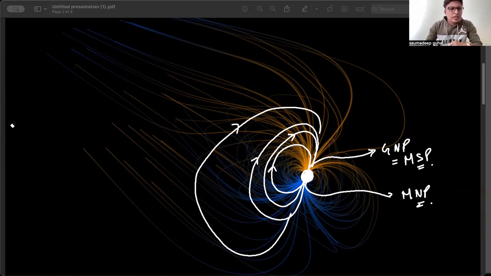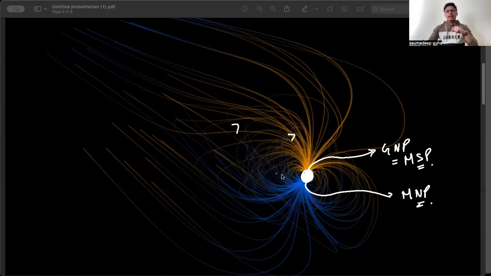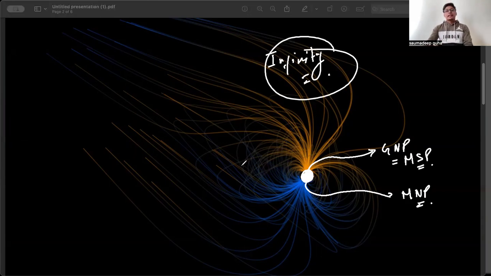Now you must have a question: until when will these field lines continue? The very specific answer to this question is, up to infinity. Now you must ask that if it extends up to infinity, then why can we not feel the effect of this magnetic field if we are standing at a certain distance, right?